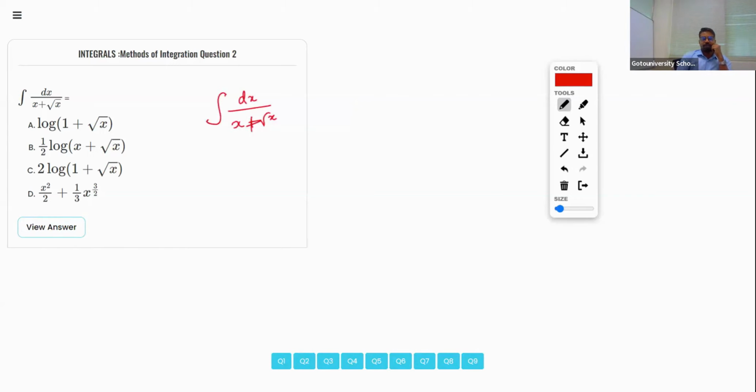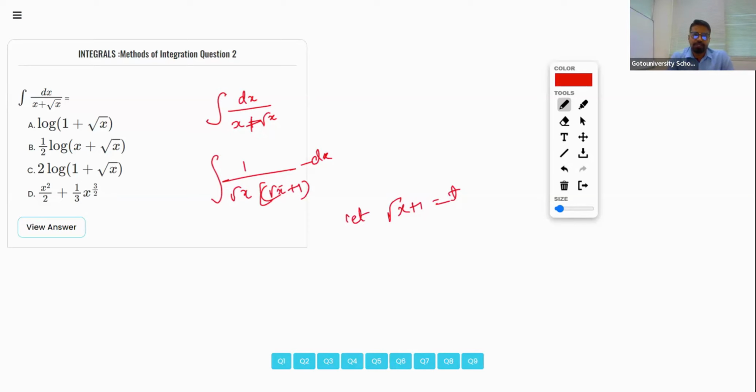Okay, so I'm trying to take root x common from the given statement in the denominator. So I now end up with root x plus 1 into dx. Now I'm going to take that root x plus 1 as t. Let root x plus 1 be t.